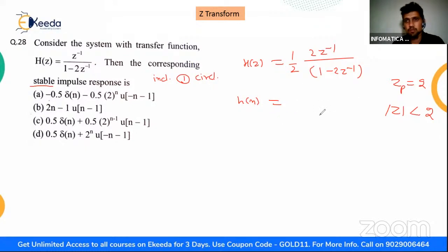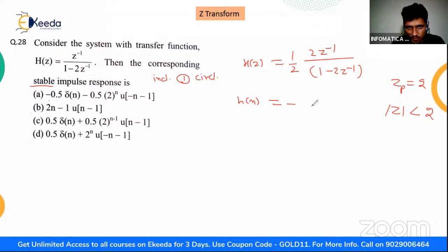So what we were discussing: if it would have been a right-sided sequence, in that case it would be 1 by 2 and 2 raised to the power n u[n]. But since they mentioned that it is left-sided, we will simply write accordingly for the left-sided.